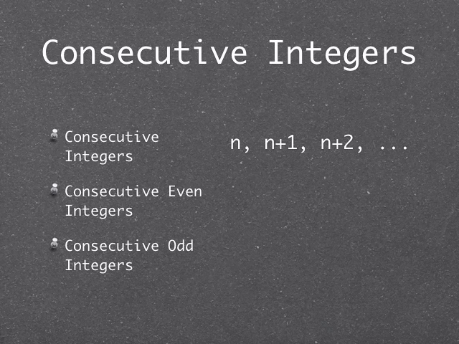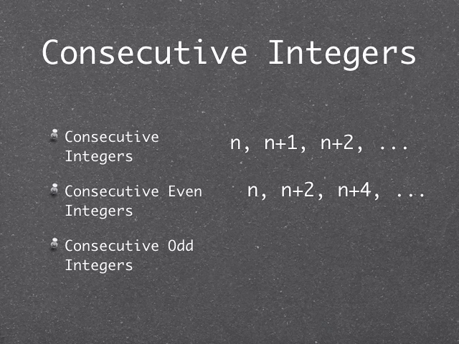Consecutive even integers. Just think about these for a minute. If your first integer is n, then your next one would be n plus 2 because even integers are 2 apart. So you'd have n plus 2, n plus 4.